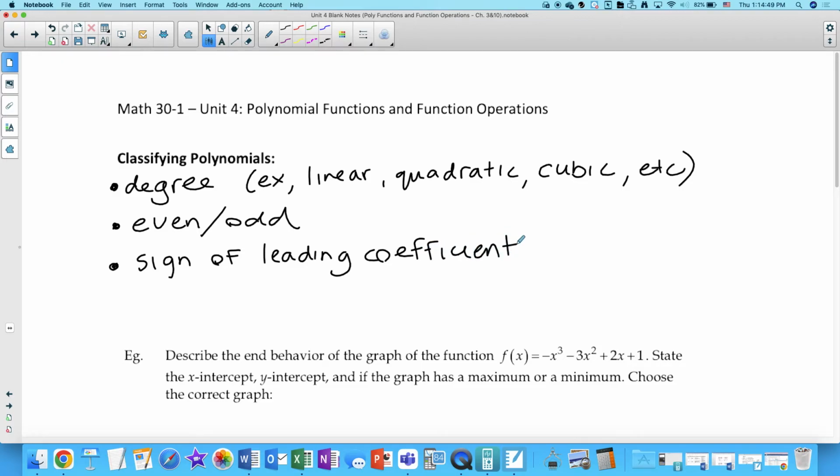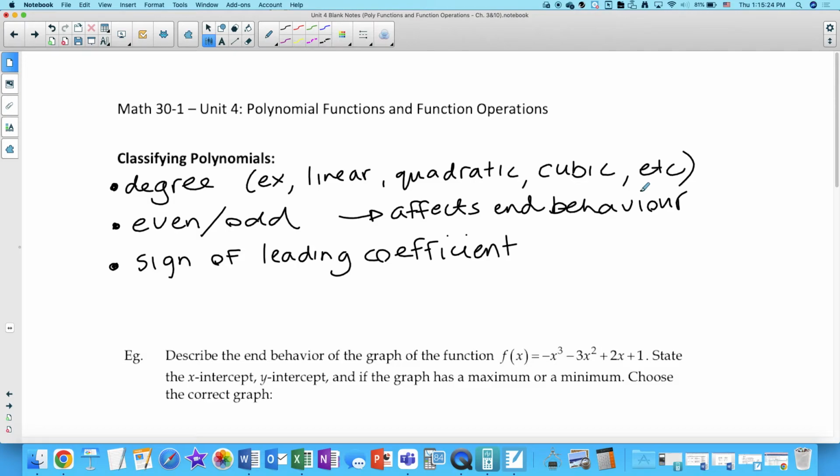And I suppose I'll elaborate a little bit. The even-odd piece really affects the end behavior, and whether or not the function will start and end in the same direction or in different directions. The sign of the leading coefficient also affects the end behavior, but also it's an indication as to whether the function will increase or decrease.